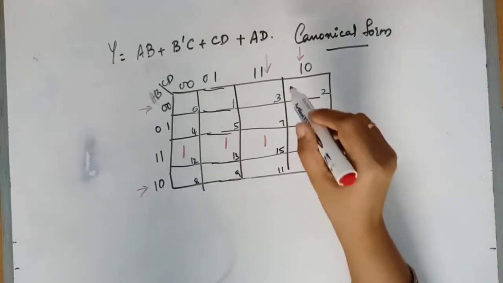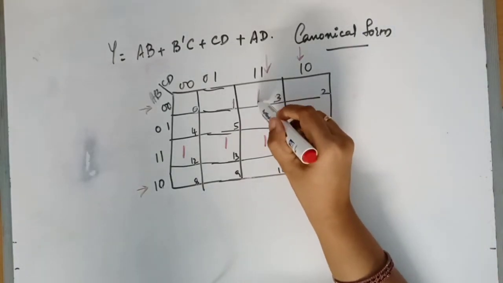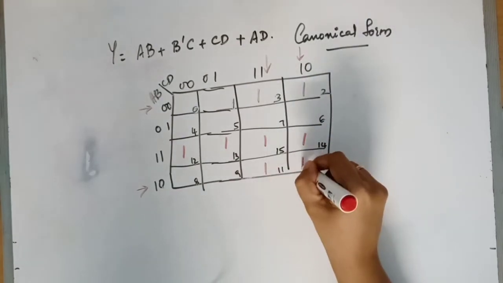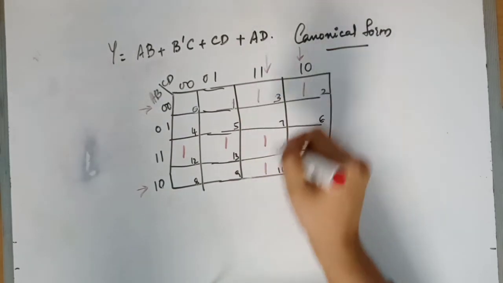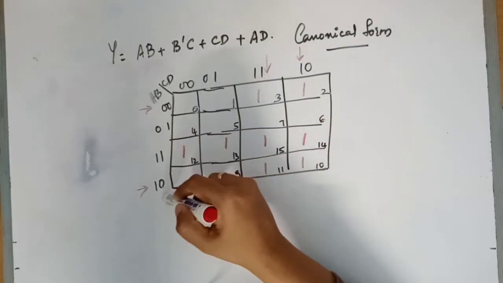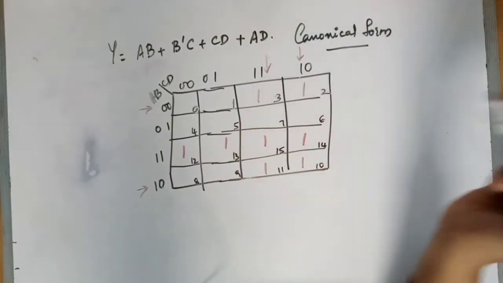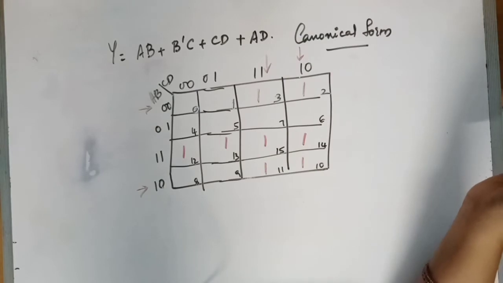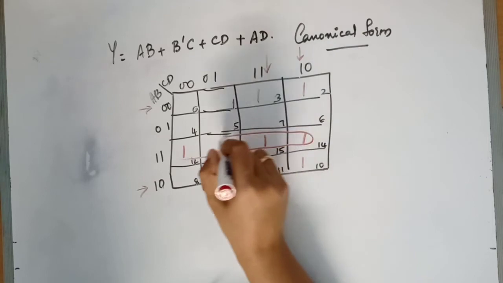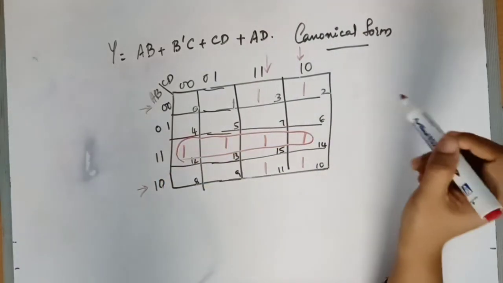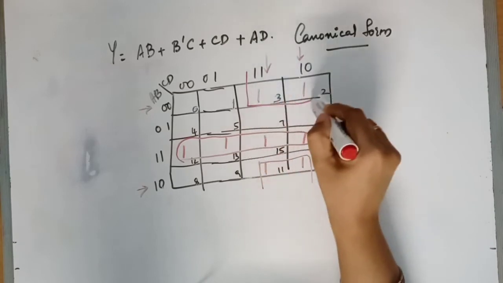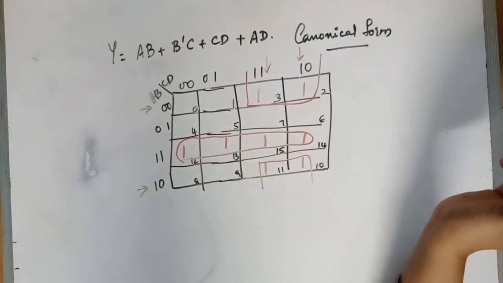So this one, this one, this one, this one. If you fold and group it like this, that will be B bar C. If we group like the earlier one, you will get AB, and if you group like this, you will get B bar C.